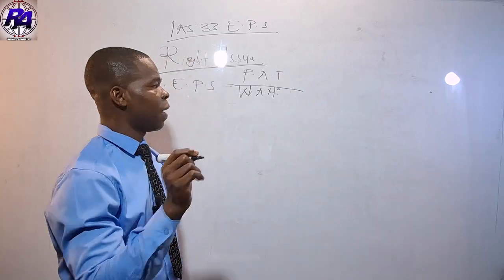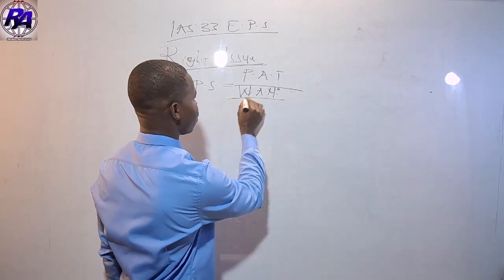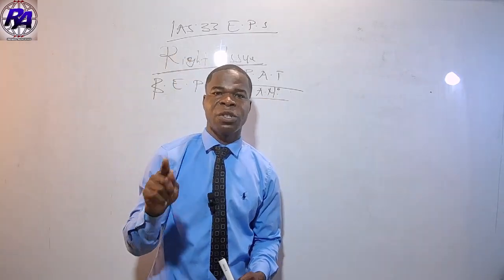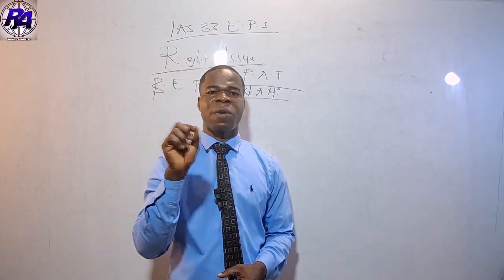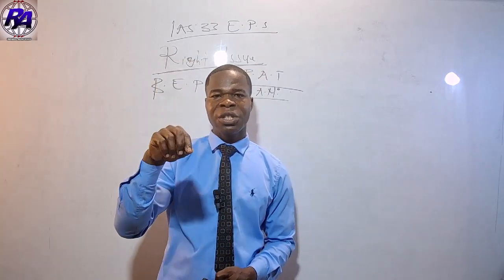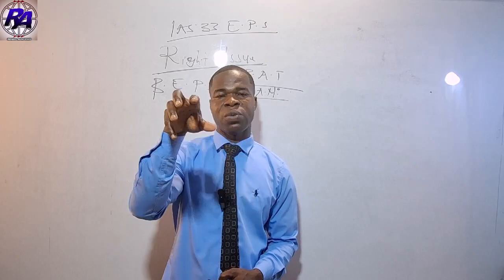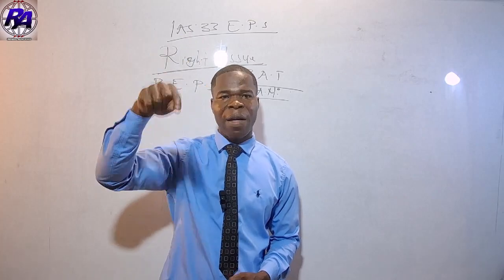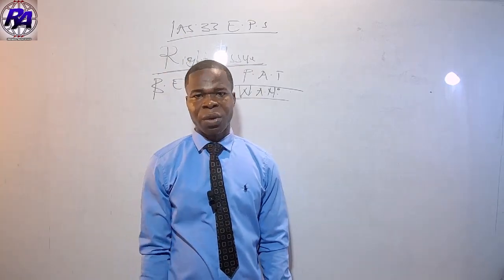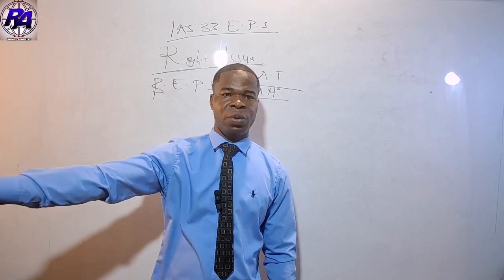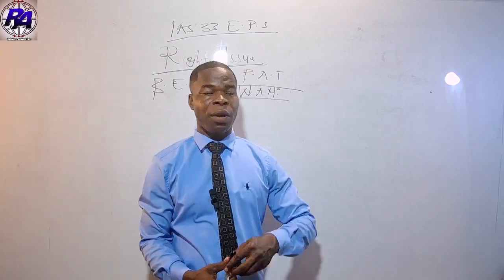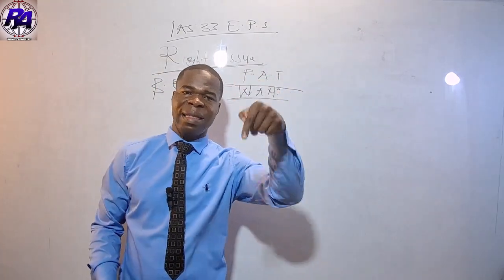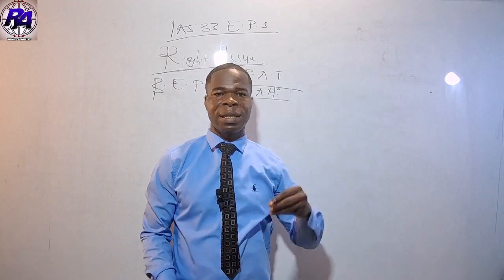Now, in this particular situation, the focus here is how to determine our weighted average number of shares outstanding during the period. Anytime there is a right issue, the right issue offers the shareholders the chance to buy the shares at a price that is lower than the market price.